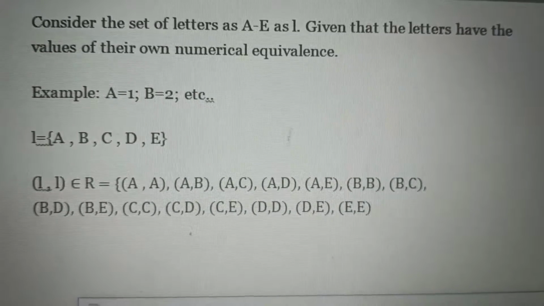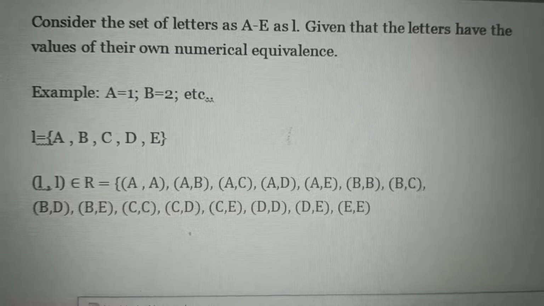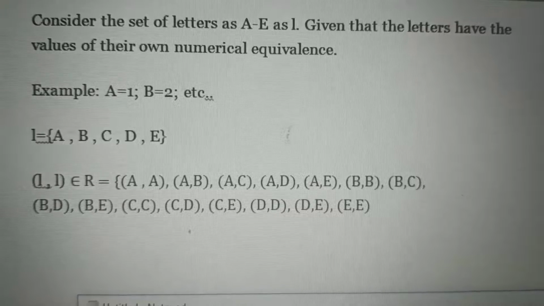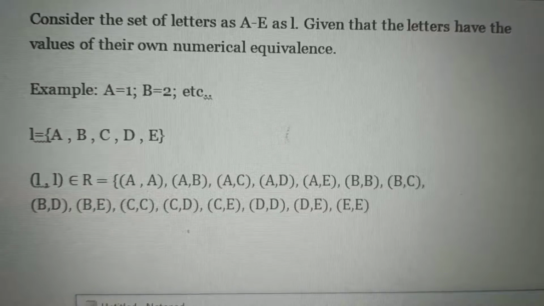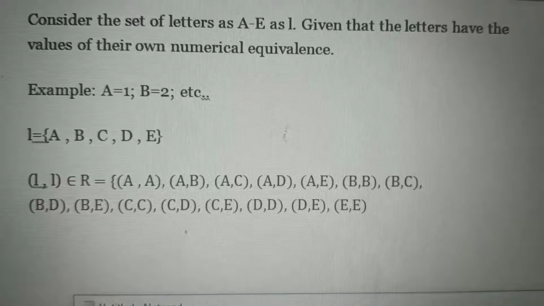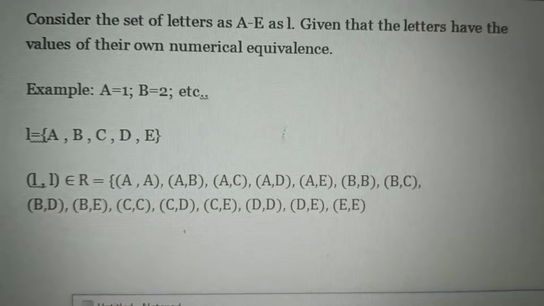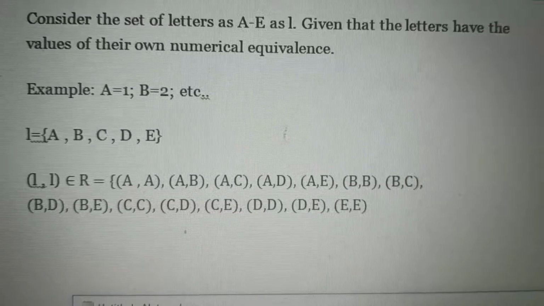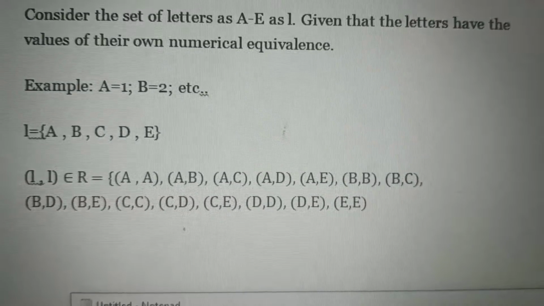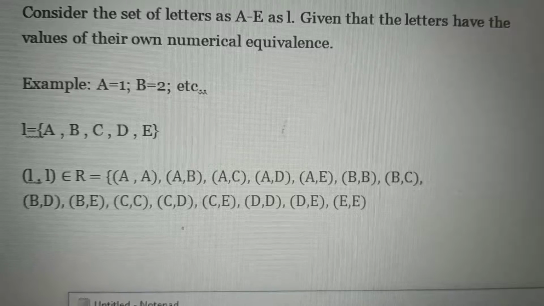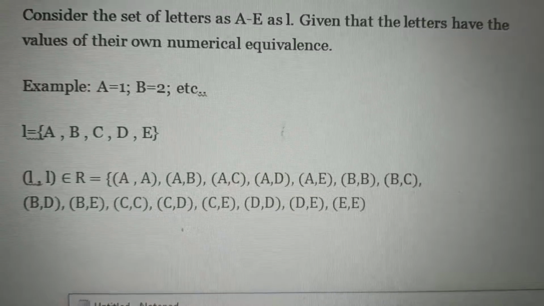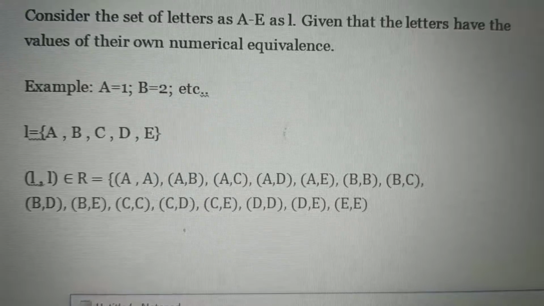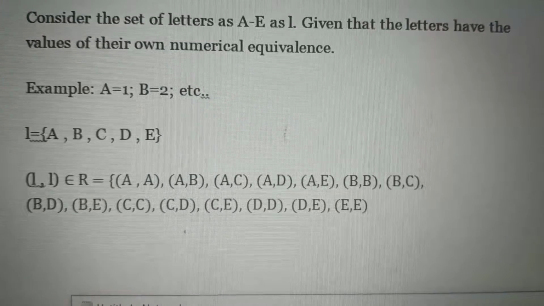Ayon sa instruction, ang variable na L, which is the set, ay maglalaman ng letters A to E, or to be more specific, letters A, B, C, D, and E. Ang value daw ng bawat letter sa laman ng set ay nakadepende sa kung pang-ilan ito sa bilang. Kunyari, ang letrang A ay pang-una. Siya ang maghahawak ng value na 1.